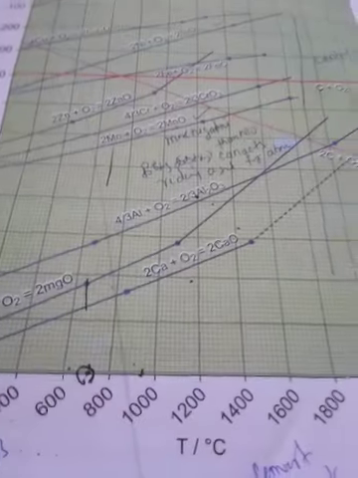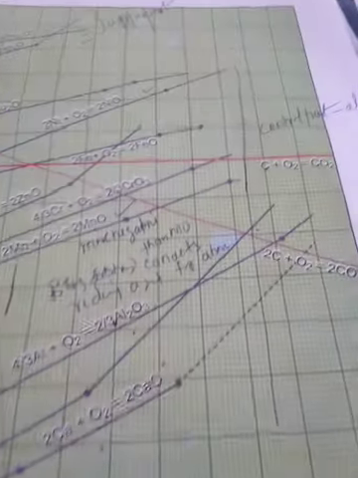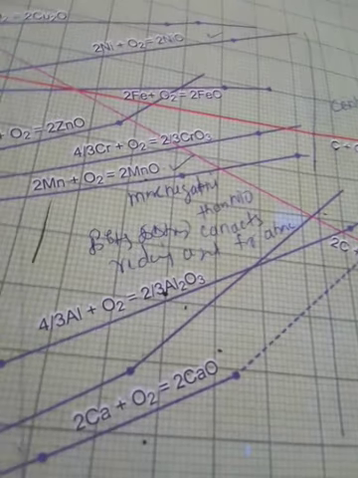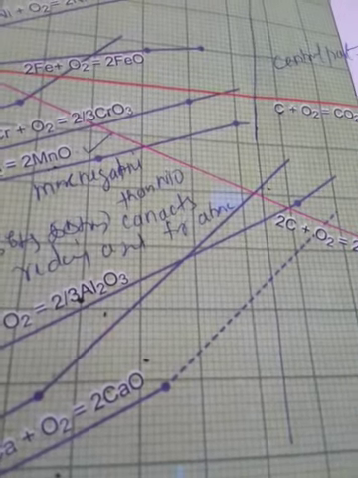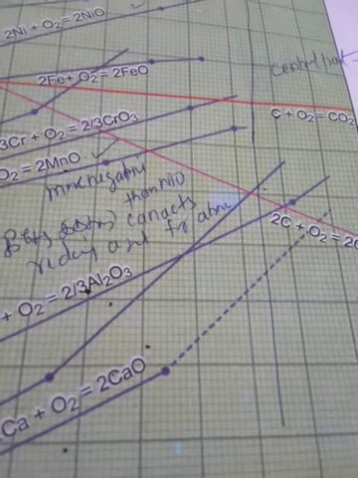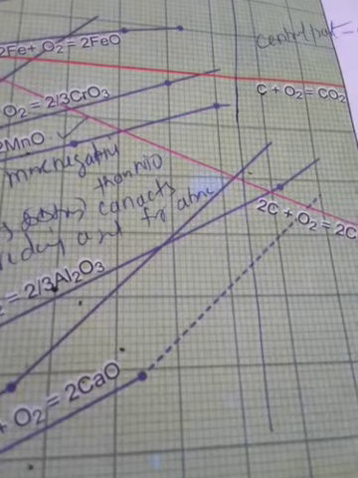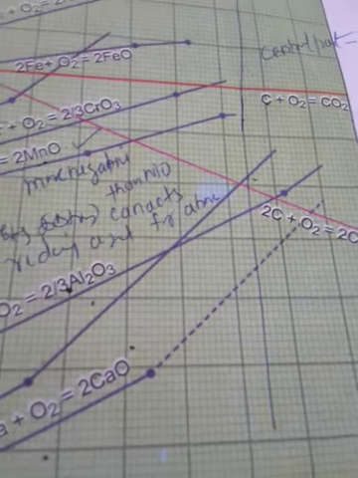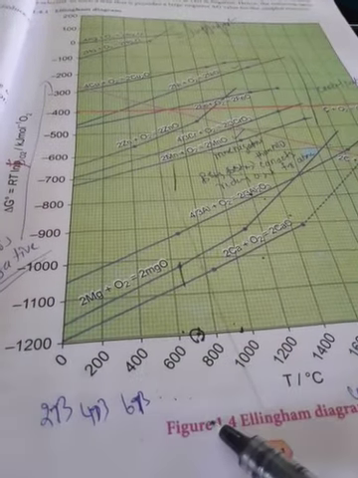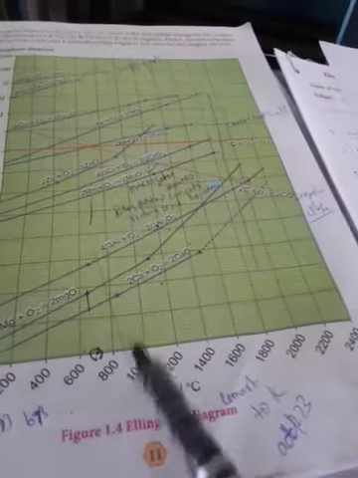We will see the Ellingham diagram elaborately in the next video, with observations regarding the Ellingham diagram. This is the basic: an Ellingham diagram is a graphical representation of delta G naught values against temperature for the formation of metal oxides.